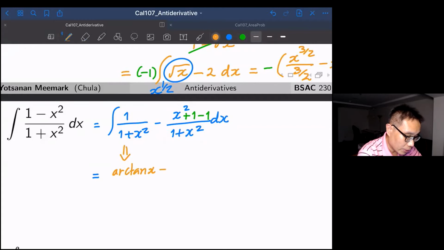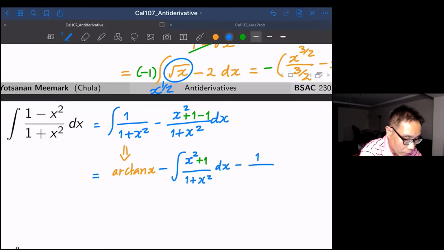So it's going to be negative, right? And you need to integrate, and you see that you'll be able to separate this one into 2 terms. So you get x squared plus 1 over 1 plus x squared, okay, minus 1 over 1 plus x squared dx, okay.